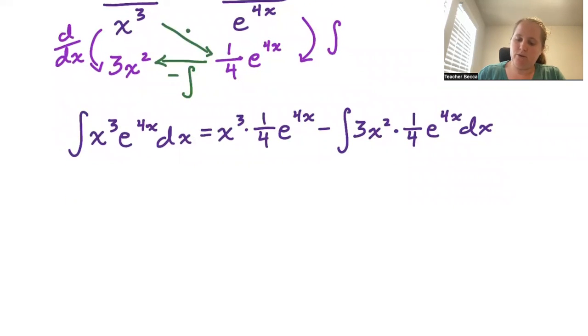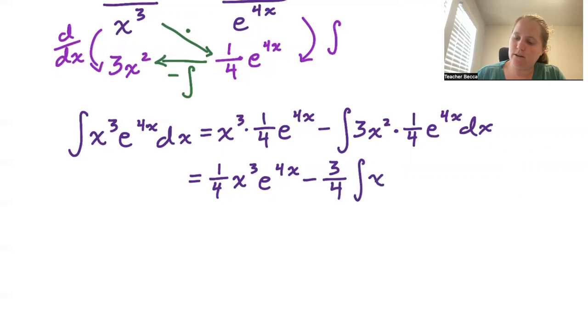That of course simplifies to 1/4 x cubed e to the 4x minus 3/4 times the integral of x squared e to the 4x dx.